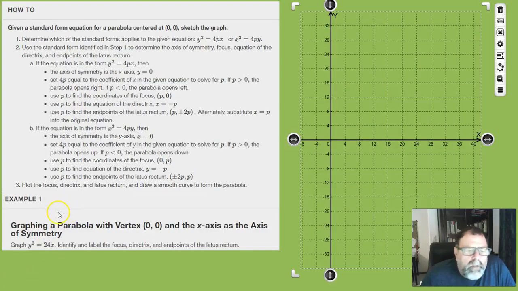Okay, so let's look at their technique, and I'll probably deviate from this, but we'll start out with the first one this way. So first, determine which of the standard forms apply. So figure out if it's opening up, down, left, or right, basically. So once you know if it's a vertical one or a horizontal one, choose the appropriate technique.